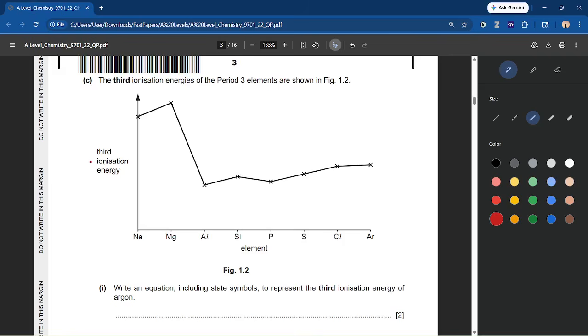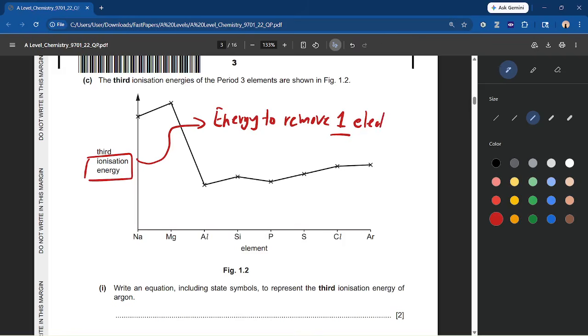So first, let's get our definitions underway. You guys probably know what ionization energy is, but just to refresh our memory, it's the energy required to remove one electron. So this is important. One electron, but we're not done with the definition yet. One electron from an atom.